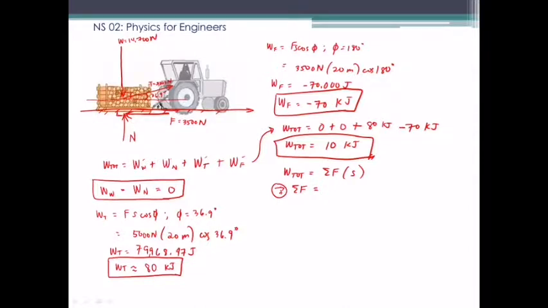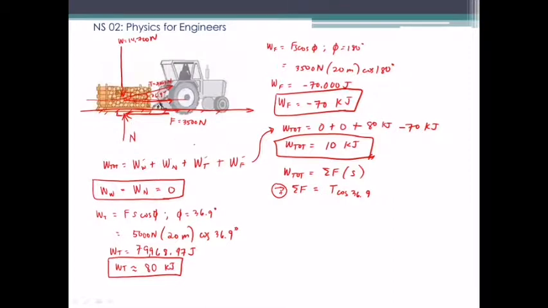So, the only one is the tension, which is T cosine 36.9, positive, since it is going to the right.